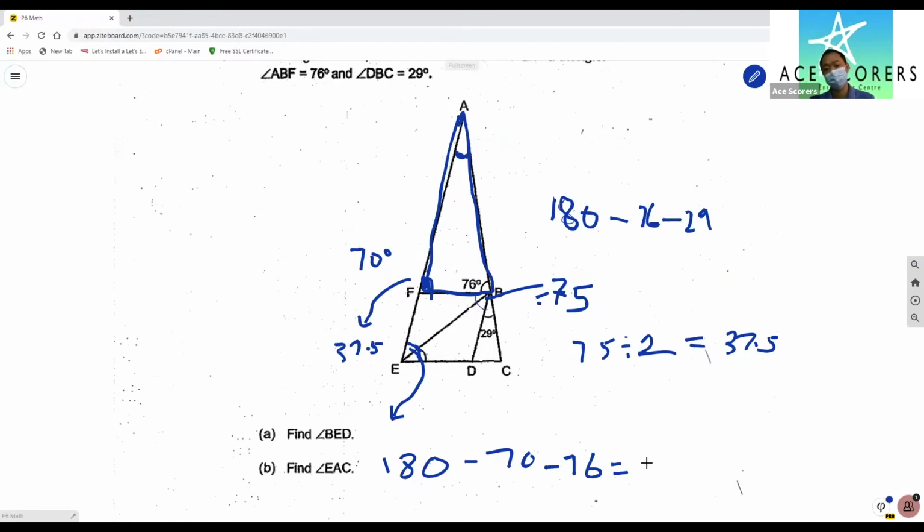How come I got 34? Oh, 75, I saw it wrongly. So I get 29 degrees, right? So far, so good. Next.